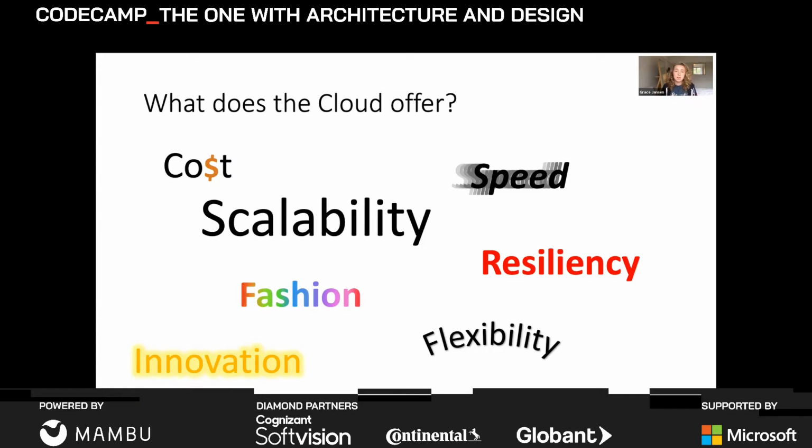Innovation. We're able to utilize the cutting edge technologies, the cutting edge tools and underlying infrastructure and resources available from these cloud providers. This enables us to focus on the innovation within our applications and make best use of that underlying infrastructure. So this innovation is another thing that the cloud offers. And fashion. You might not think of, say, software engineering or software development as a particularly fashionable industry, but when you think about it, it kind of is.